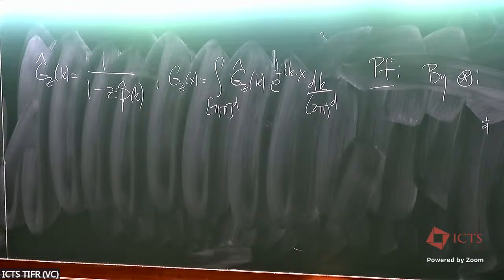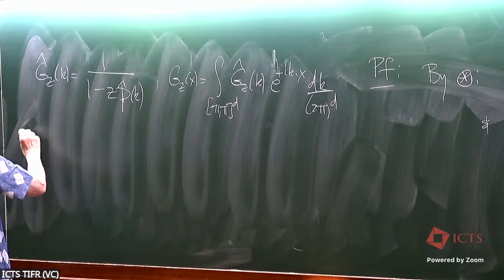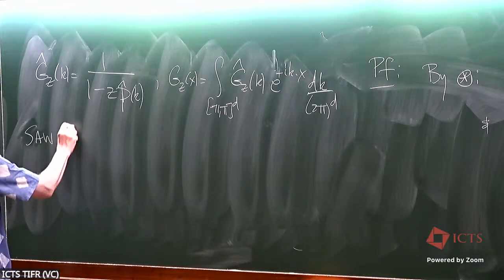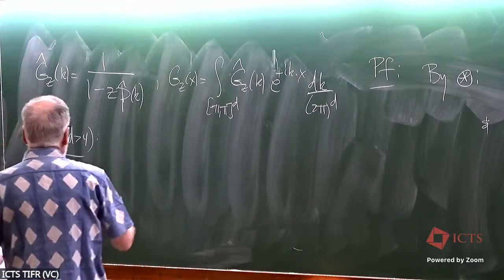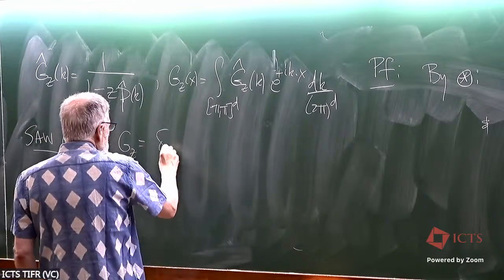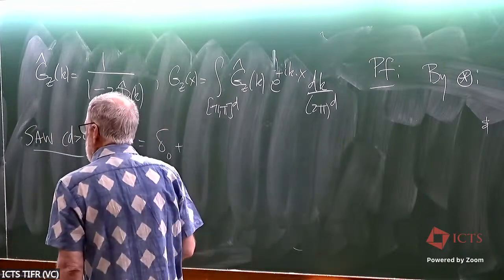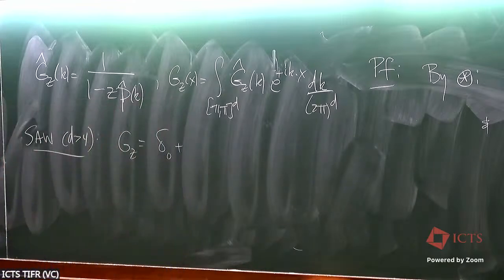And I'll just finish up by mentioning the last example, the second example. So self-avoiding walk for d greater than 4, where we have the control of pi. So we have Gz is equal to delta 0 plus z times p plus pi z star Gz. I'm going to change, in the second half of the course, what used to be called 2dz will now be called z. I want the critical value to be close to 1 rather than 2d.